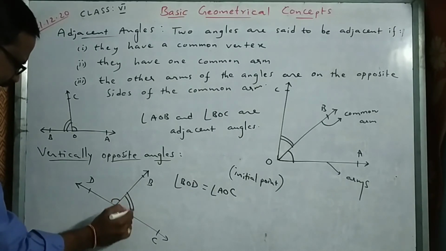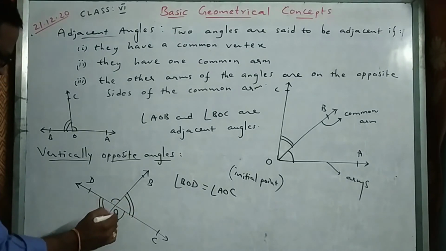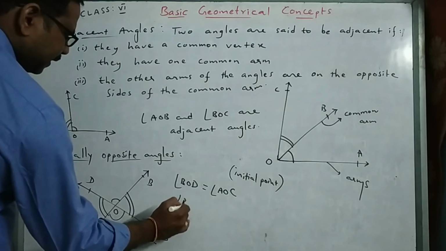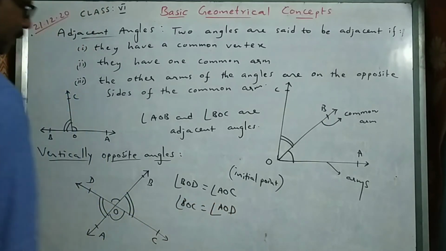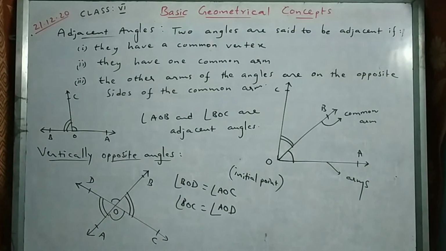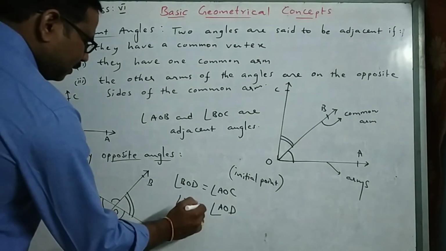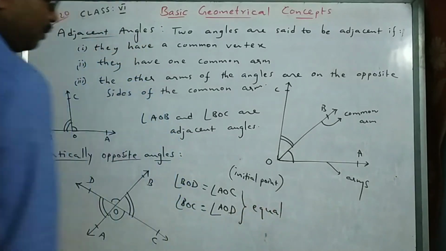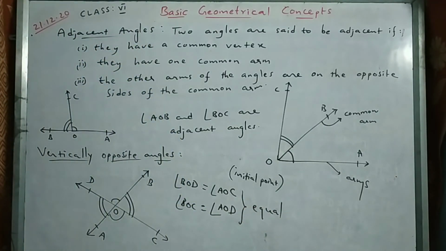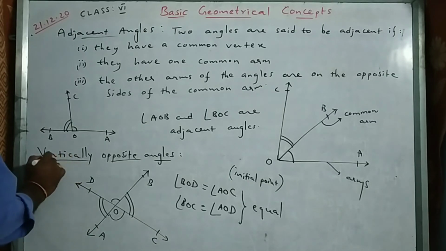One more is what? This one and this one. Angle BOC is equal to angle AOD. So, vertically opposite angles are always equal. Remember these concepts.